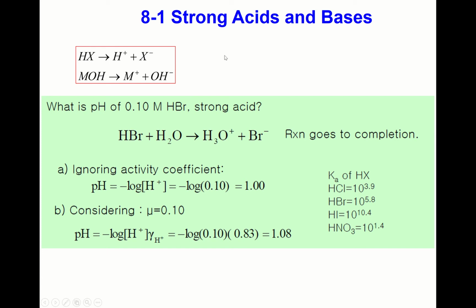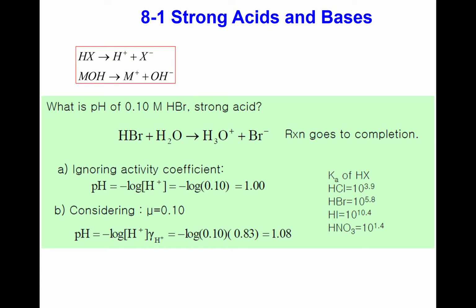So usually people do not consider the actual value of the dissociation constant of strong acids and bases. Simply we consider they are too large to be measured. But actually we can measure, and it has finite values.